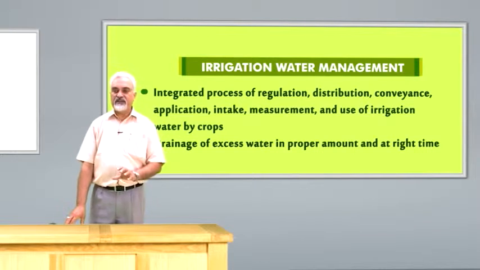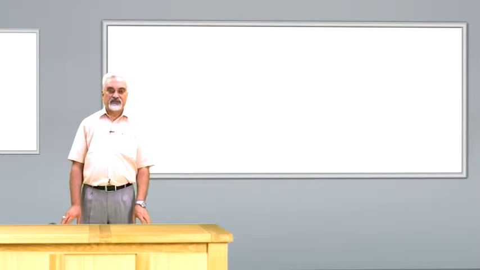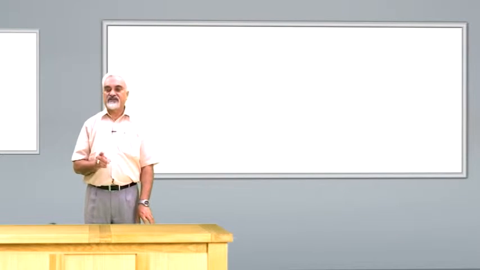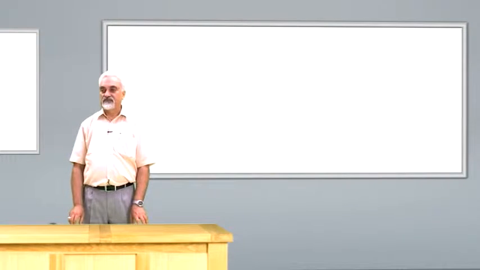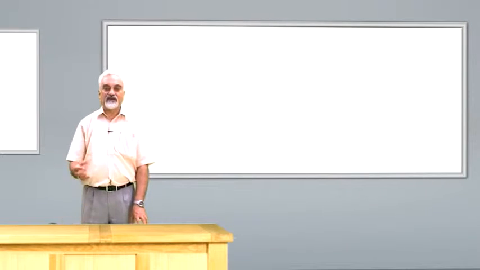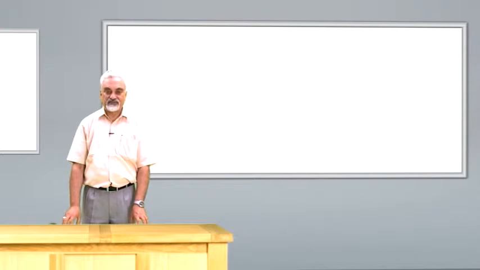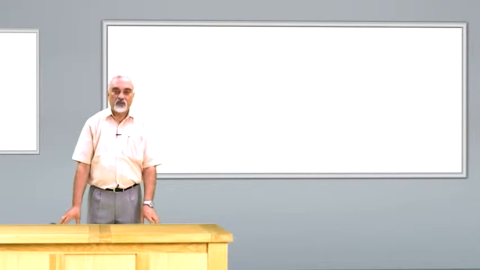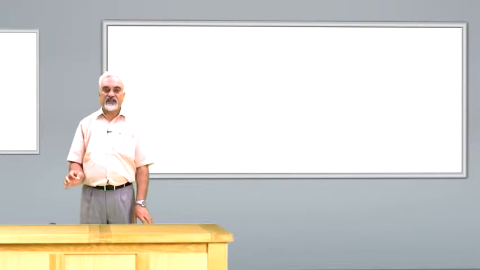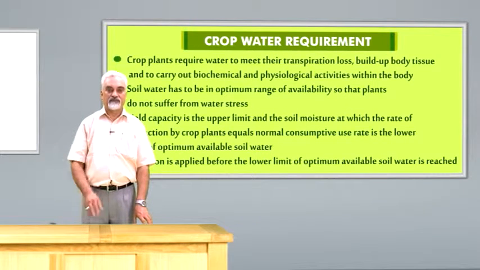Now, when we talk of irrigation water management, there are three important questions which the water manager must know, and the answers to these three questions are actually the backbone of irrigation water management. Question number one, when to irrigate? That means what is the right time of application of water to the crop?